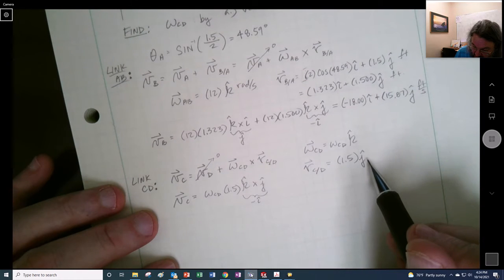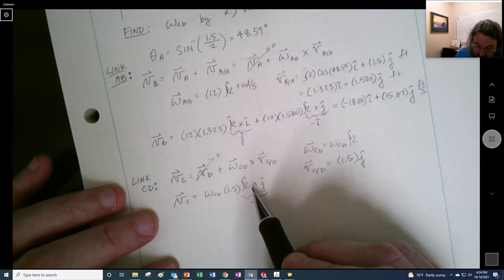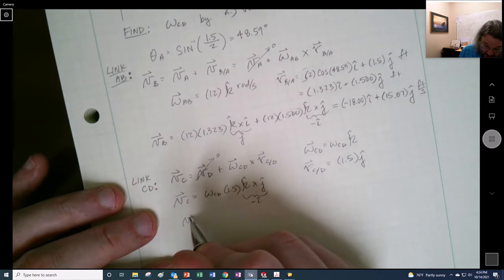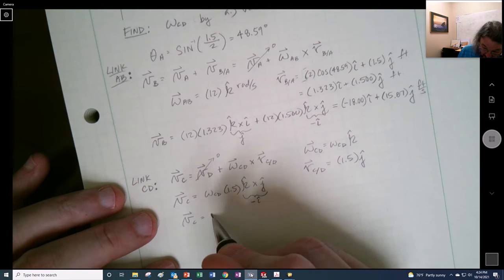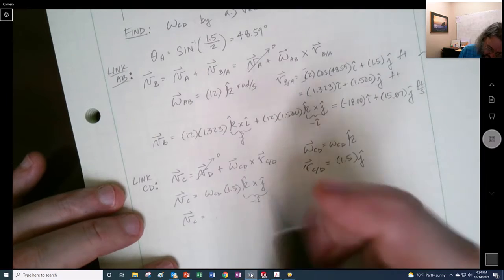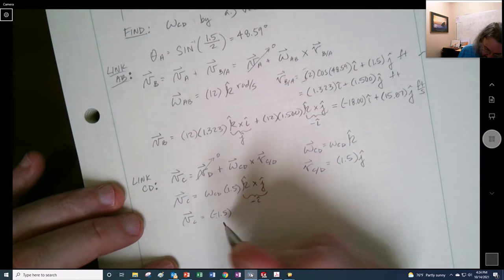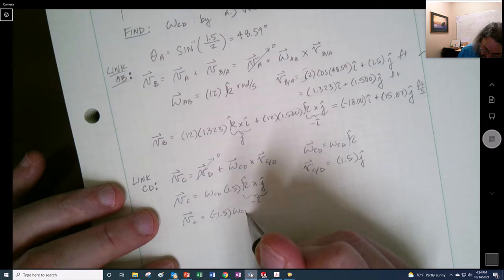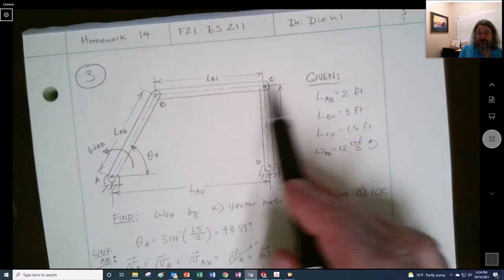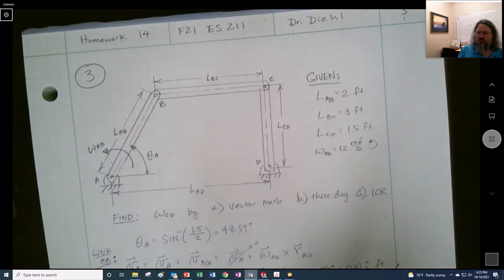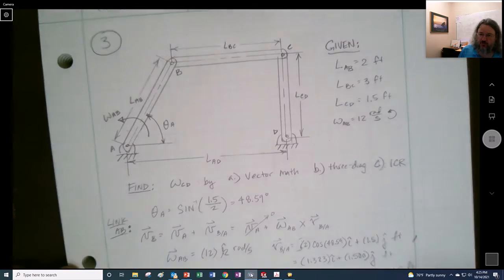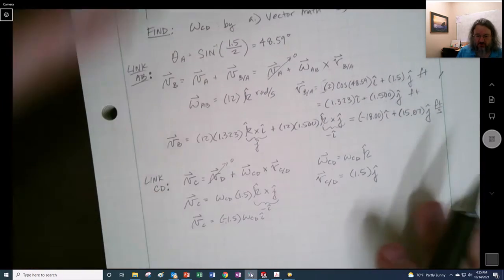Let me double check I did this right. K crossed with J, negative I, right? So we could just write out that the velocity of C is going to be negative 1.5 omega CD I, and it makes sense that it's in the horizontal direction. This thing has to move in the horizontal direction. We could actually use that knowledge later on, that we know that C will not be vertical. That's something that we can use later on.